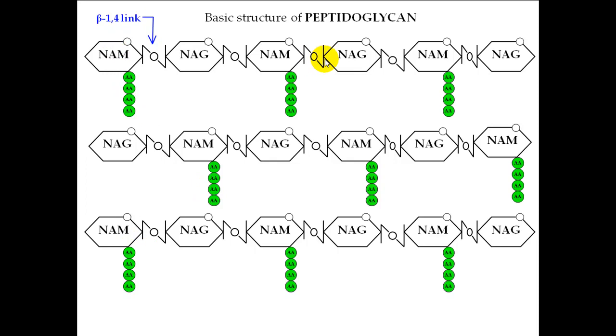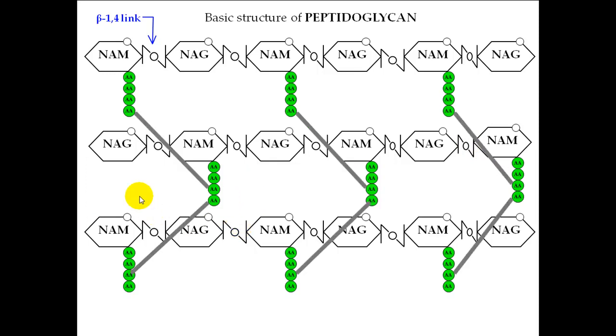So this chain connects to this second chain as a result of bonds between these amino acids and these amino acids, and likewise the second chain connects to this last chain through bonds between those peptide chains. This is what connects the adjacent chains to one another.